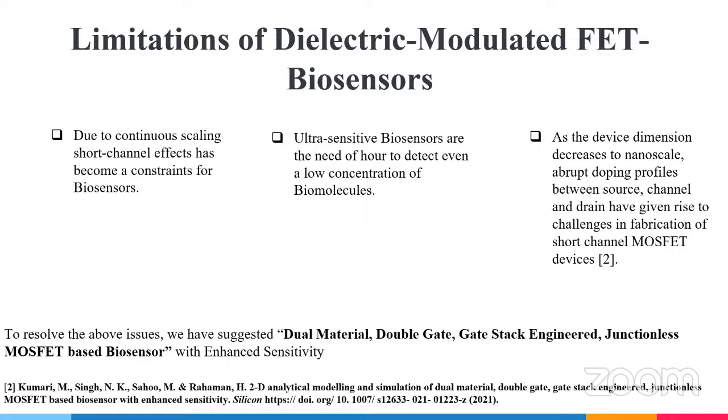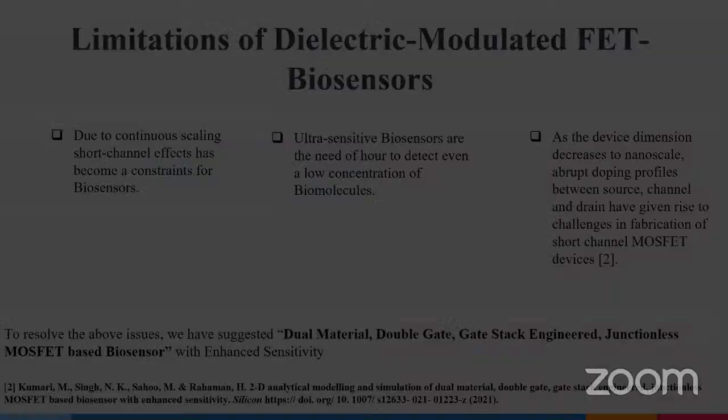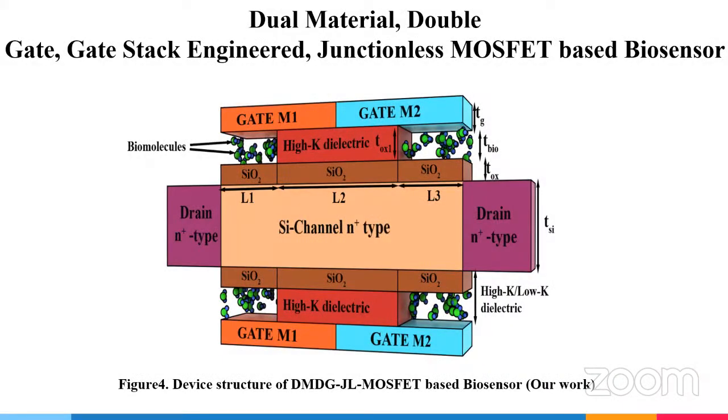To resolve these issues, we have suggested a dual material double gate stack engineered junctionless MOSFET-based biosensor. This is the architecture we have designed to mitigate the problems of the conventional dielectric modulated FET biosensor.